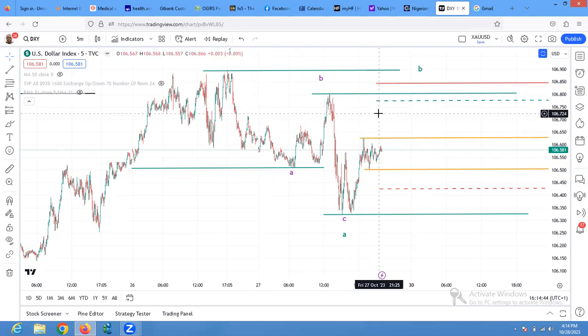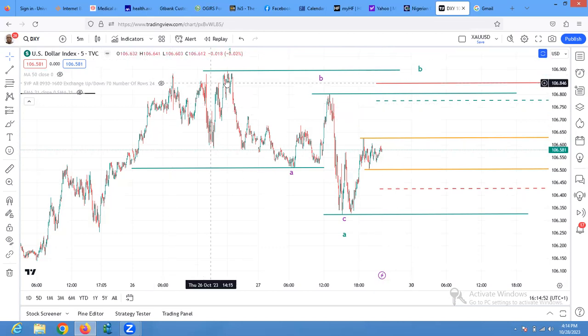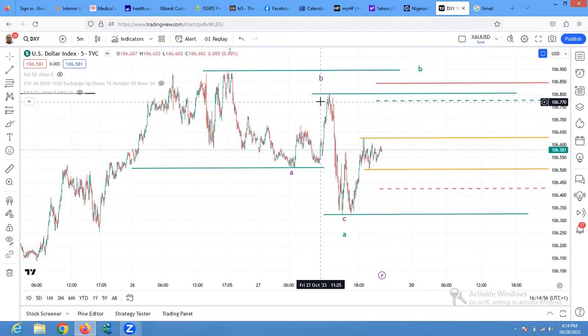Because it gave us a zigzag, this may not push beyond 161.8 or 78 before it turns down. Because this is like a zigzag. This is not a flat. B wave, I told you, this one is a zigzag to the downside.